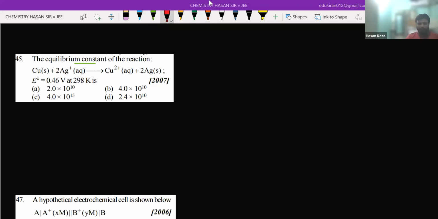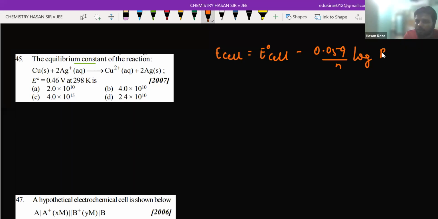Tharif, Faiza, and Shavez. Yes. So see, if you remember this formula, E cell is equal to E naught cell minus 0.059 upon n log product upon reactant.